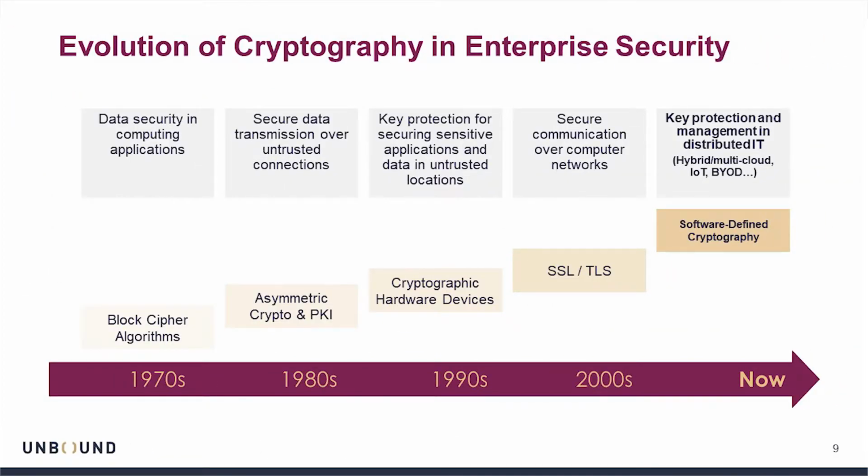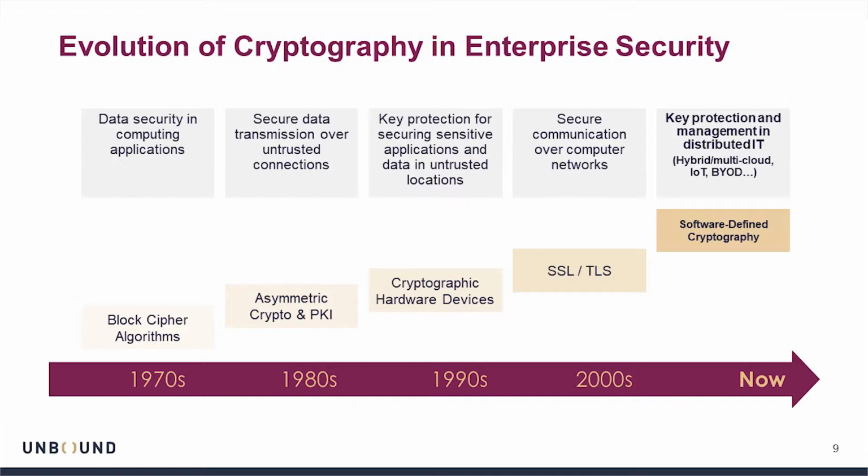Cryptography has been around for a long time, actually way before the 1970s, but let's say that modern cryptography is born in the 1970s with the deployment of open solutions. So encryption schemes that are known and standardized, whether it be symmetric or asymmetric, followed up by the deployment of hardware solutions that could protect the keys used in those cryptographic solutions, and then the widespread use of advanced cryptographic protocols for protecting data in motion.